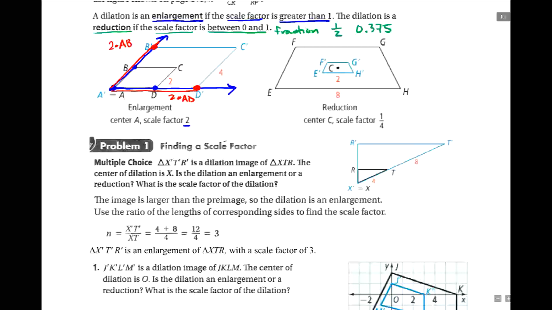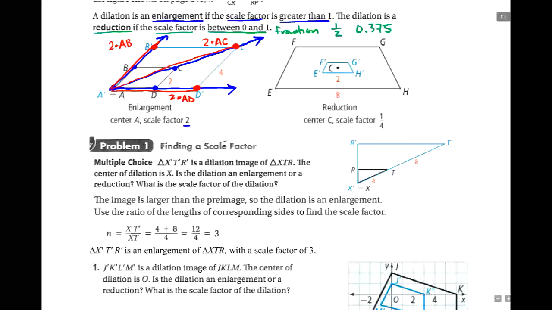And you guessed it, we do that for our third point here, C. We draw a ray through C, and we measure the length from A to C, and then we multiply that by 2, and we measure out here to C prime, and this length is 2 times AC. So that's easy enough. All we need is a ruler to do these.